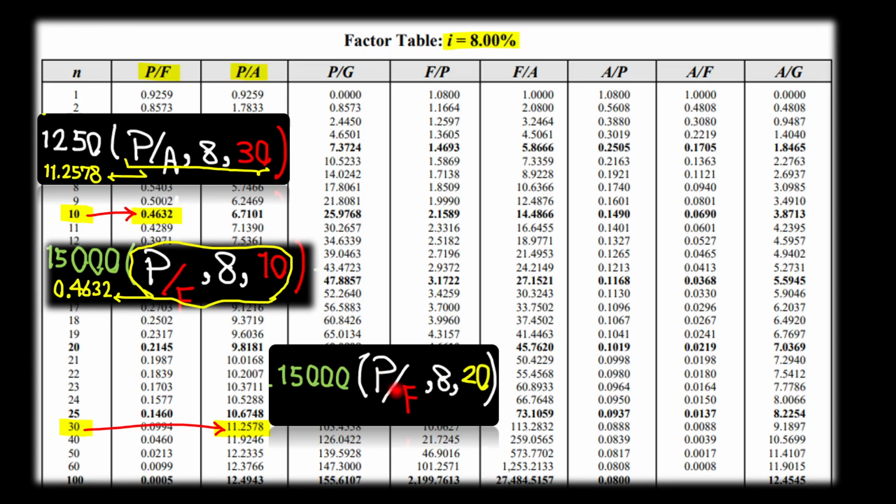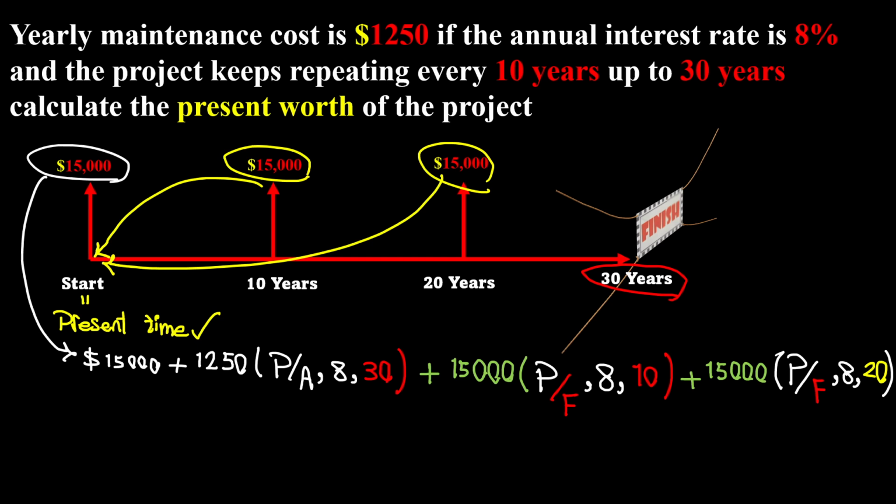That's the present from future factor for the same interest rate over a span of 20 years, and if you go to the correct table, it gives you 0.2145. Replace that in the equation multiplied by 15,000 and add these components together plus the initial cost.